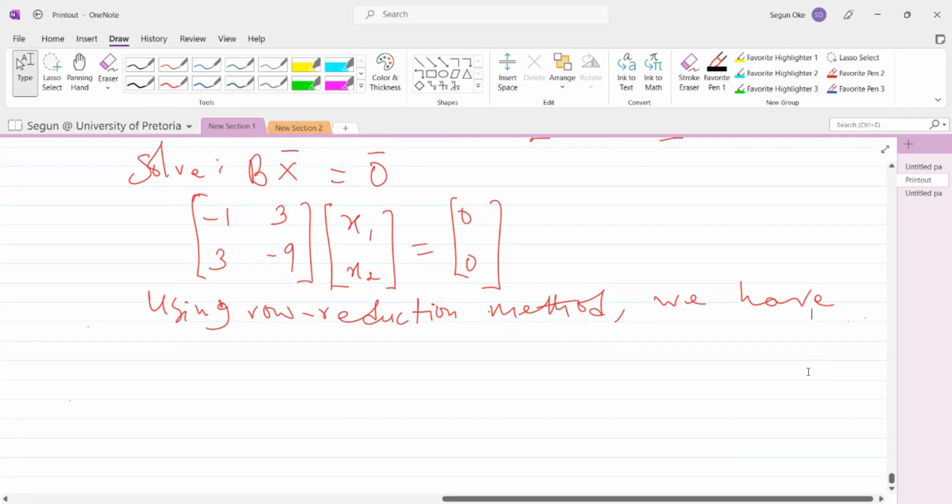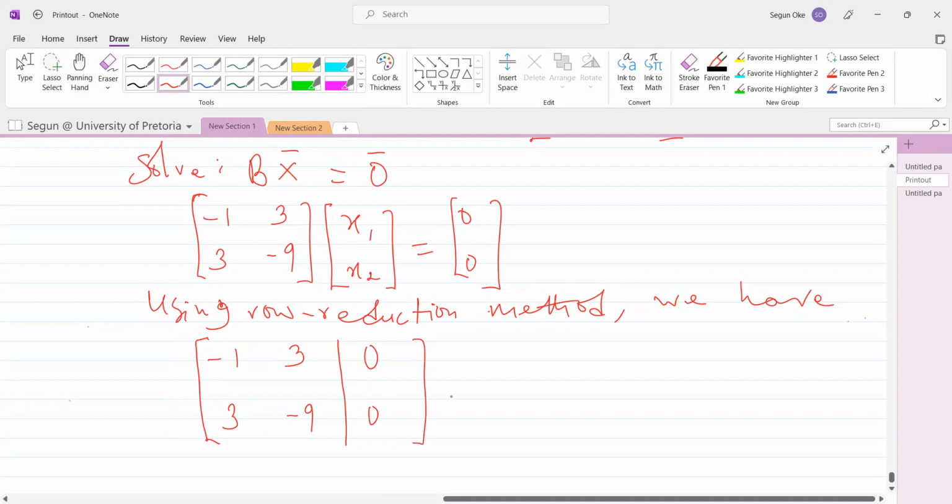Remember, when we were solving it, I told us last time, which of the methods will bring the constant inside? Check your notes. We have -1, 3, 3, -9, and we have it this way, 0, 0.